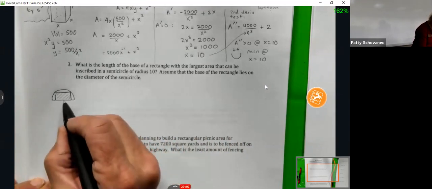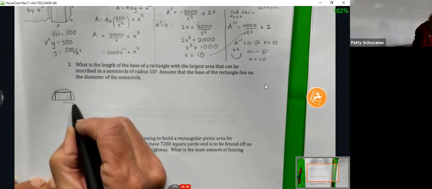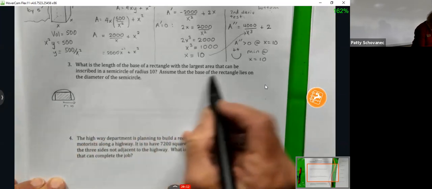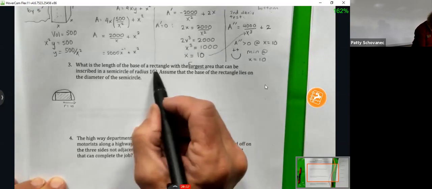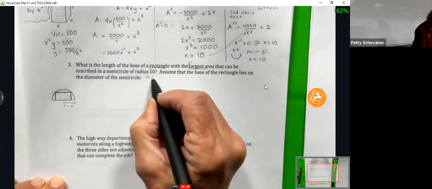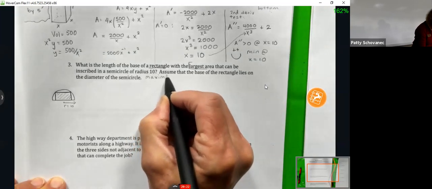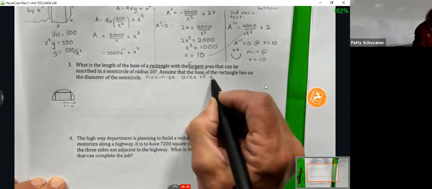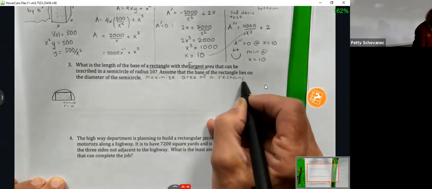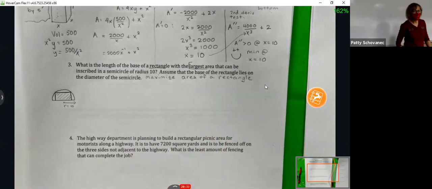The radius is 10. And we want to maximize the area of the rectangle. All right, so the area of the rectangle is length times width again. There's too many variables.